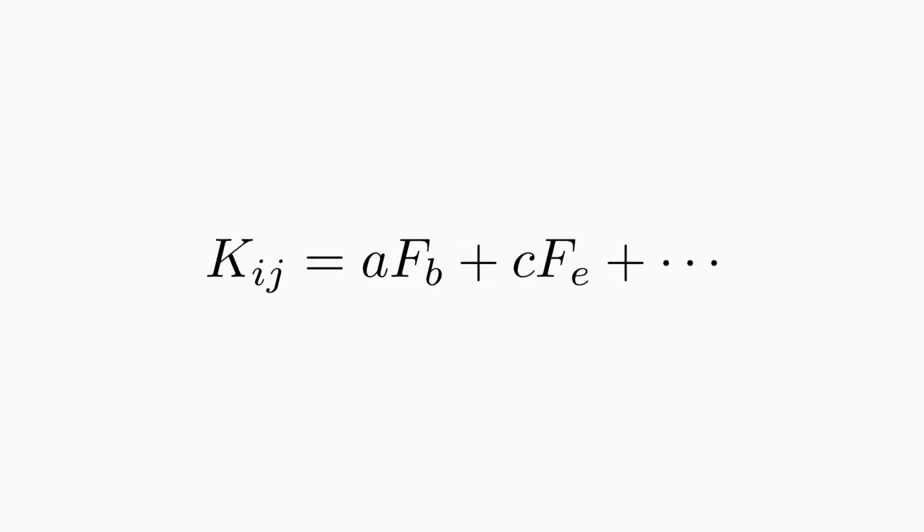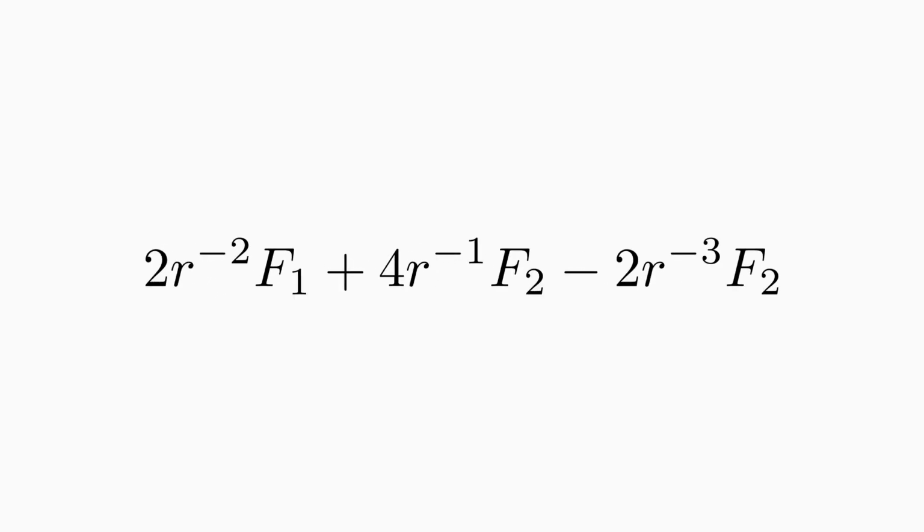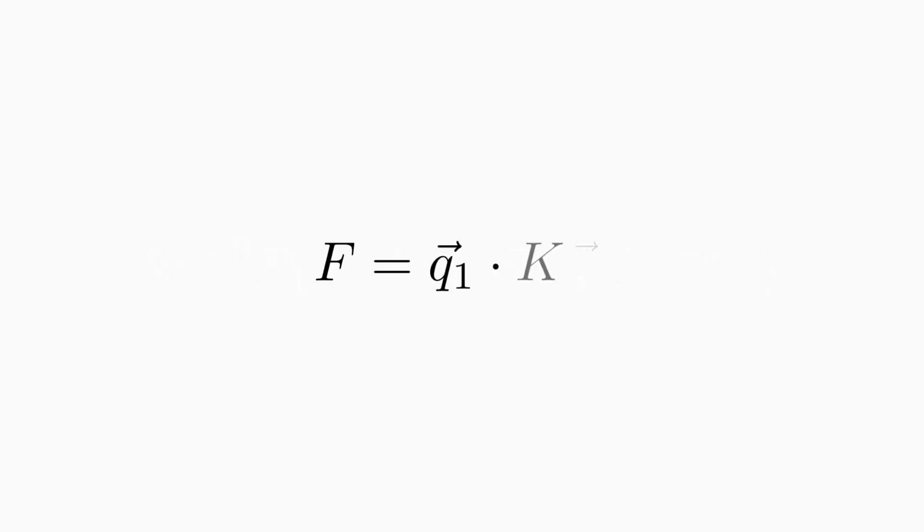Each entry of K is a sum of forces using the convention I introduced last episode. These sums are scaled by the distance between the two charges raised to some power. So, for example, one of the entries of K can be this. With this, the formula for the electrostatic force is this.